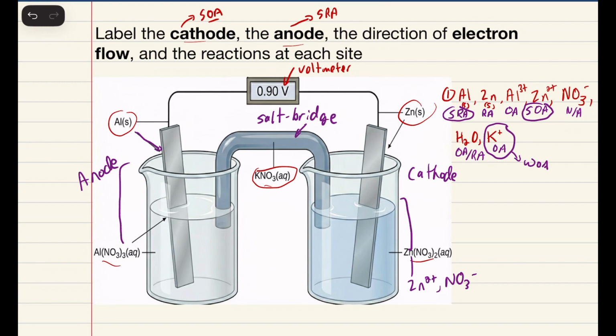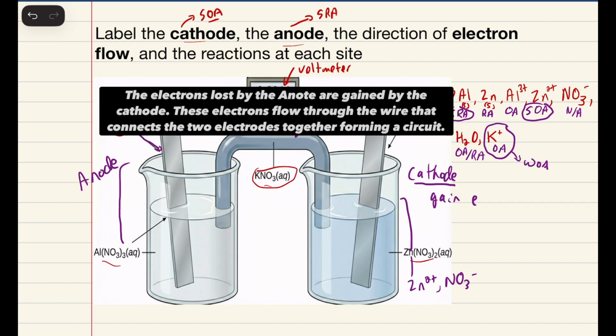Now that we know what the anode and the cathode is of this voltaic cell, we can determine the electron flow. Because remember that reduction happens at the cathode, so it's going to gain electrons. And at the anode, you're losing electrons. So the electrons that the anode loses are going to be gained by the cathode.